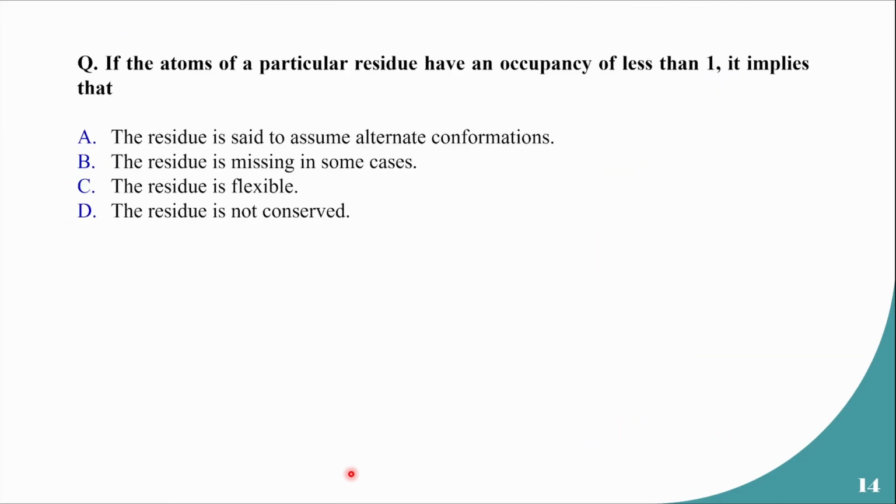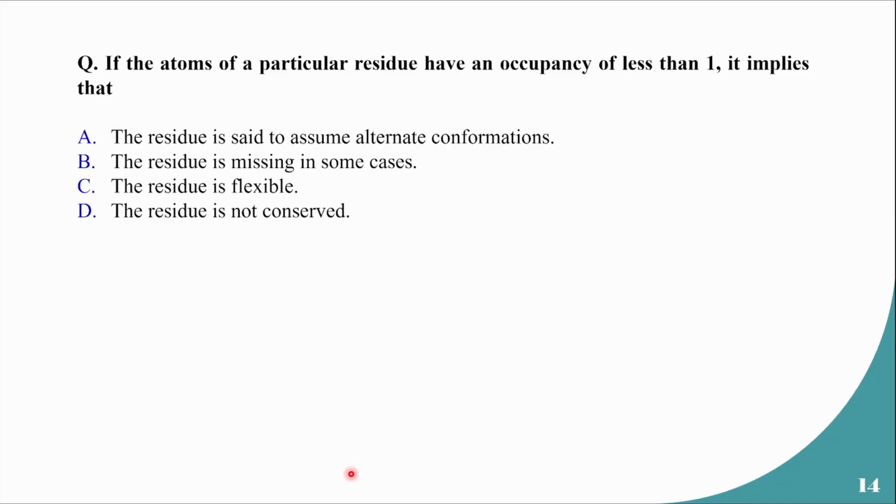Okay. So, we talked about the occupancy concept in the earlier classes when we looked into the PDB structure. Occupancy essentially indicates that for certain atoms, some alternate conformations or alternate coordinates are captured.